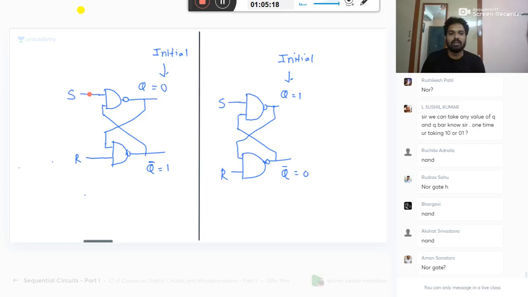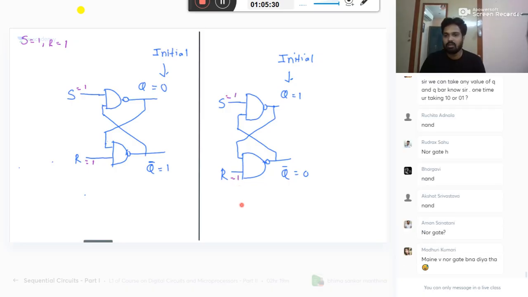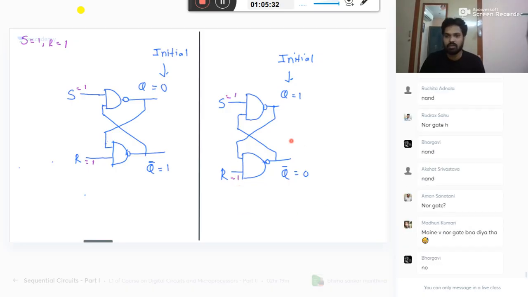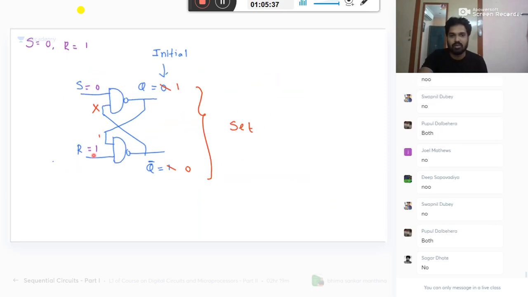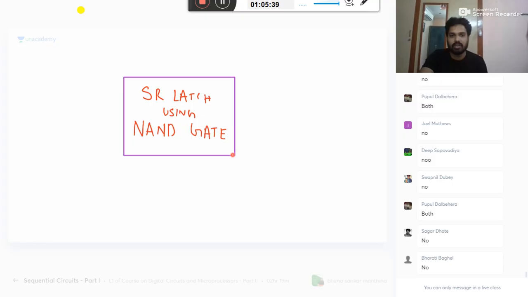So now please listen. Let me make S equal to 1, R equal to 1. Is there any disable input, sir? There is no disable input here.